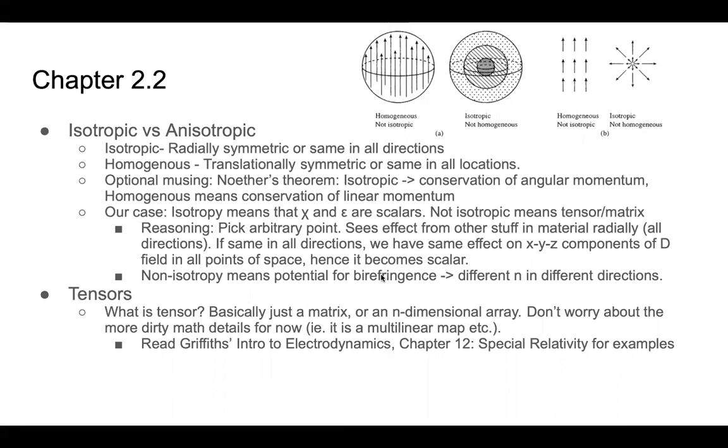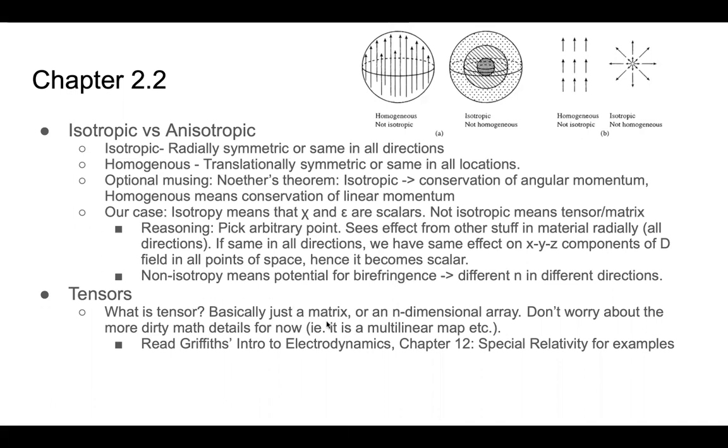If you shine light in one direction, it'll bend a certain amount, but if you shine light in a different direction, it'll bend a different amount. That's the phenomenon known as birefringence, which you need to build wave plates. In order to build a proper wave plate, you need to have a birefringent material.